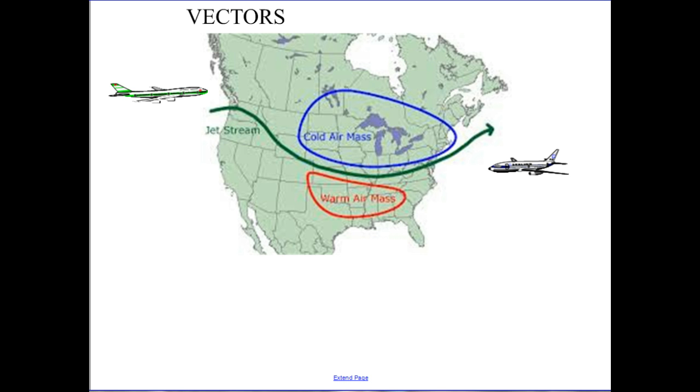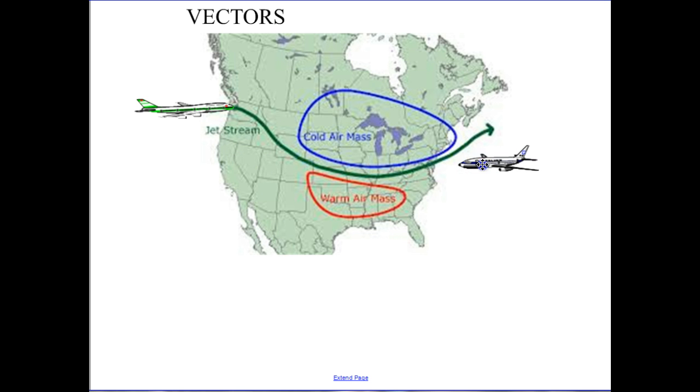Let's consider this example. You know that there's a jet stream that goes from our west coast to our east coast of our country. That brings our weather from the west to the east. I don't know if you've ever had experience traveling cross country, but if you're flying in a plane from the west to the east, from California to New York, it doesn't take quite as long as if you're to fly from New York to California.